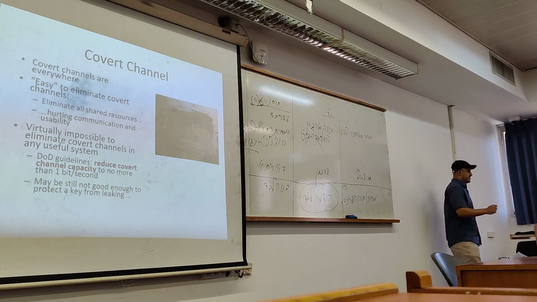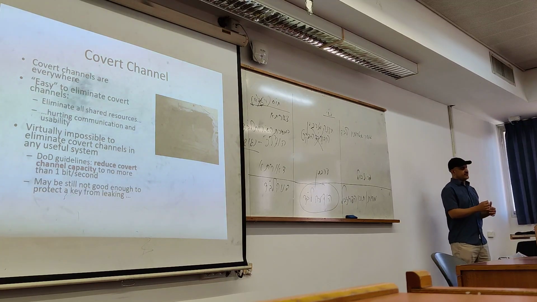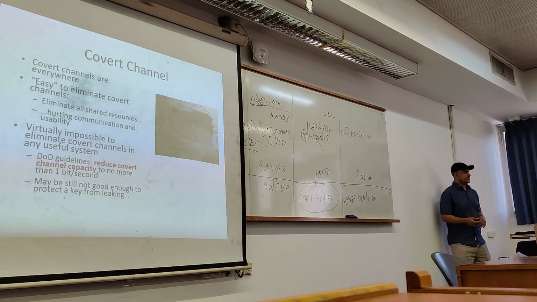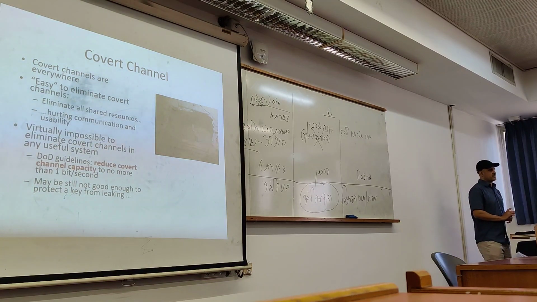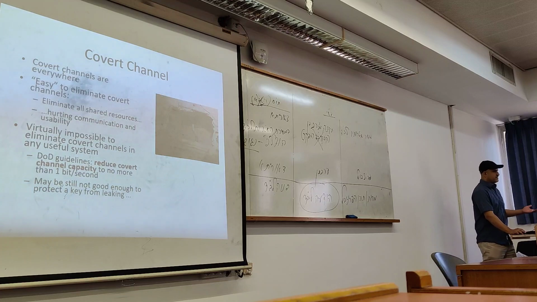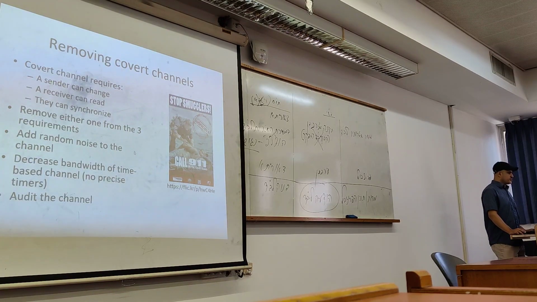I can put 1 bit in less than 1 second. Like if I want to put a 5, I will need to wait a period of time until I can erase it or put another 5. So that's the idea, but it's still a problem.